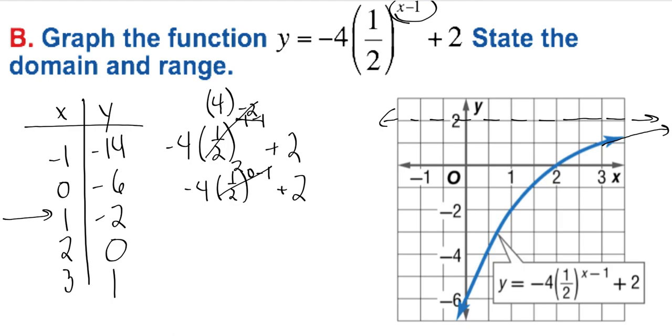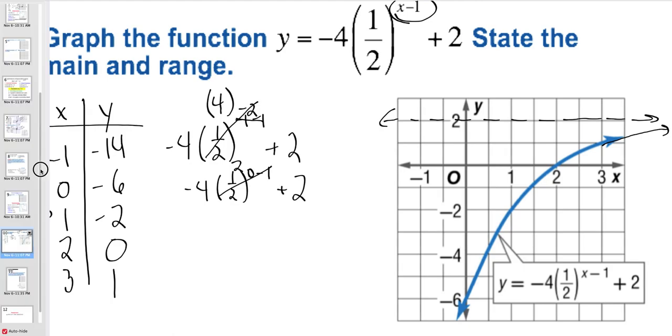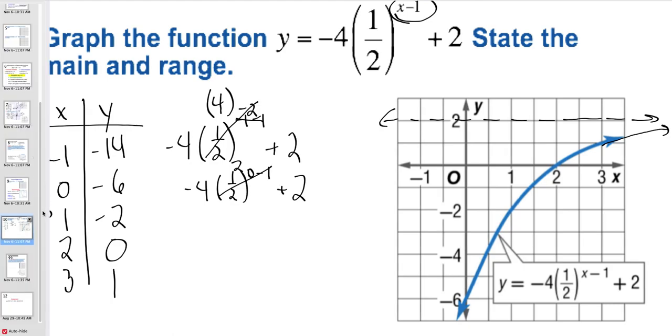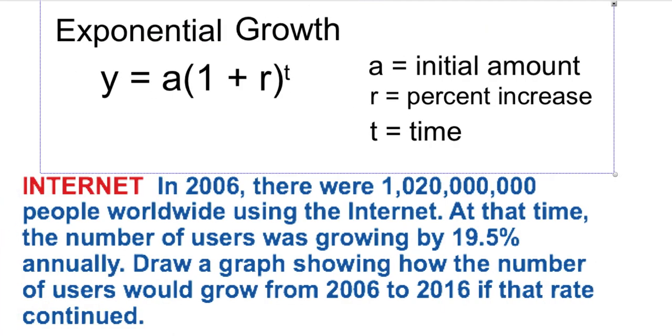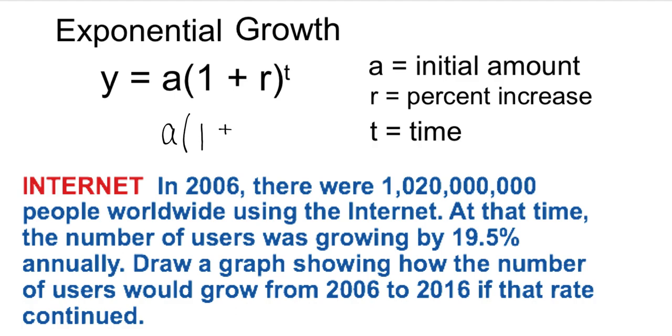Okay? So we do have a couple real-world examples to look at because we have an exponential growth equation to use. We're going to do one of these just to show you how to set it up. So this is your equation for exponential growth, and we could generalize this to be 1 plus or minus r to the t.